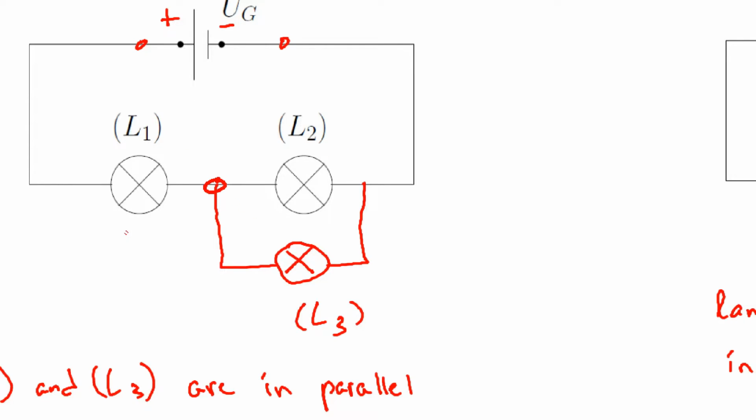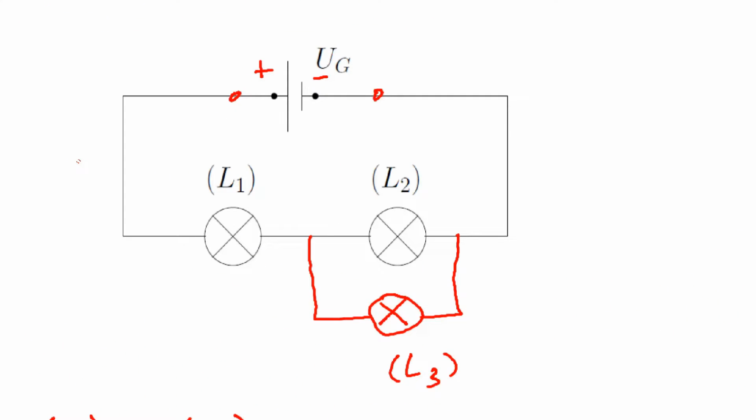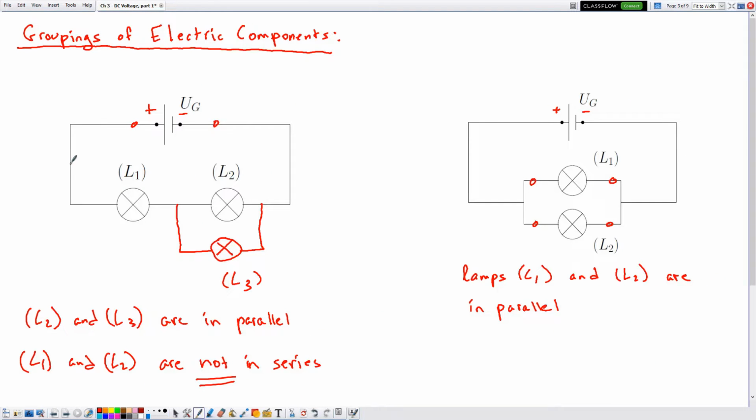But notice that another terminal is connected, which is the terminal of the lamp L3. Then we cannot say that the lamps L1 and L2 are in series. We only have that the lamps L2 and L3 are in parallel, but still we have that the lamp L1 and the battery are in series because they have one terminal in common, which is this terminal.